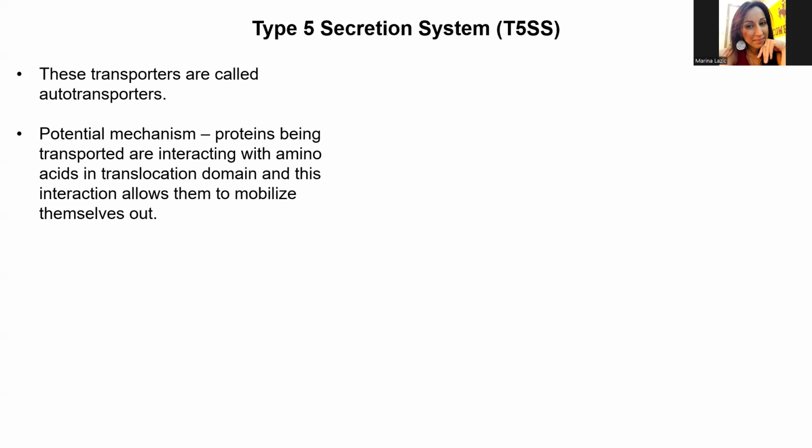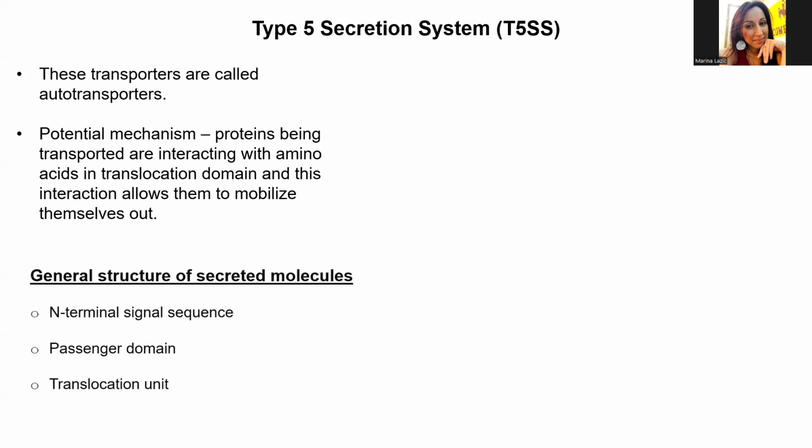The proteins that are going to be transported interact with amino acids in the translocation domain, and that interaction helps the protein drive itself through the pore. That's why they are called autotransporters, because they are driving their own transport. It will be easier when we figure out the structure of the molecules.